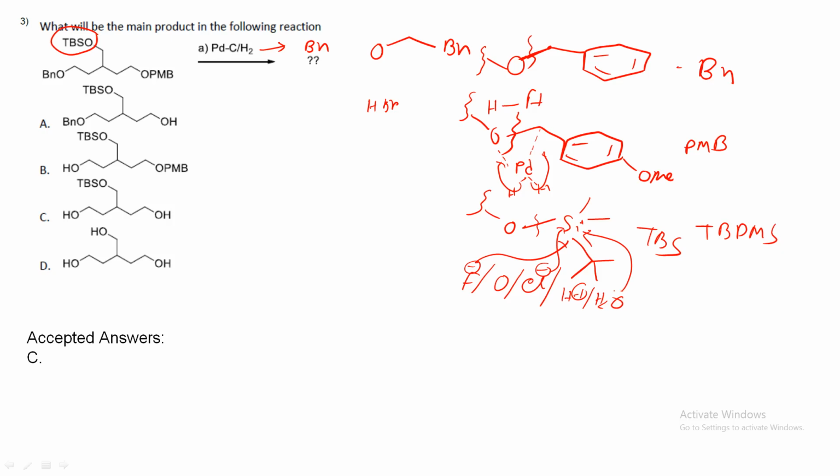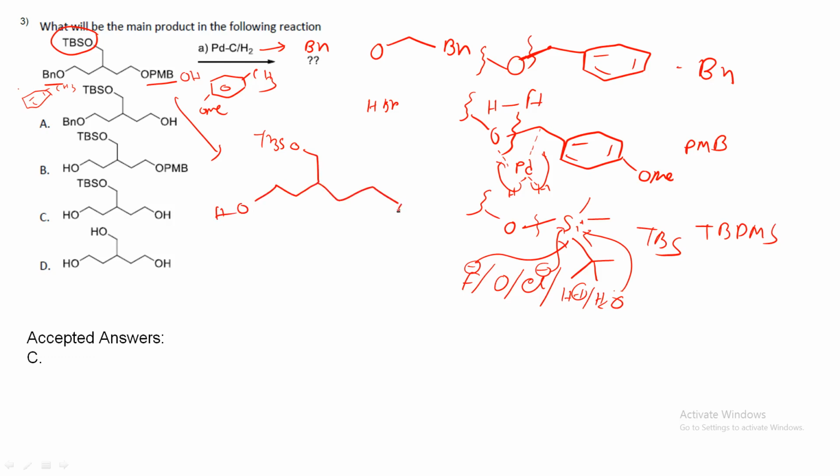With this particular condition, this should not survive, so it would generate the alcohol, and the byproduct would be OH and CH3. Again, benzyl will not survive this, and it would generate the alcohol and a toluene type of molecule. So the formed product would have TBS unreacted, and the other two would be OH.